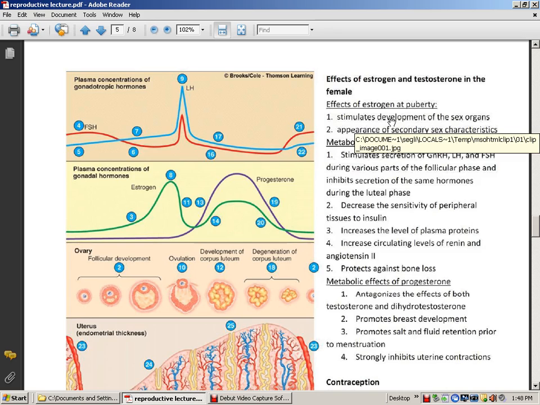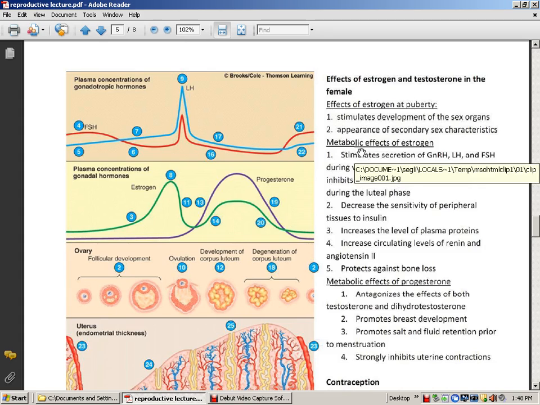It helps stimulate bone growth tall during puberty, and it helps stimulate bone density the rest of her life. It helps her develop sex organs, so it helps develop breast tissue, helps kickstart the ovaries, and then secondary sex characteristics too. And it's the lack of testosterone that keeps her from getting all the masculine characteristics.